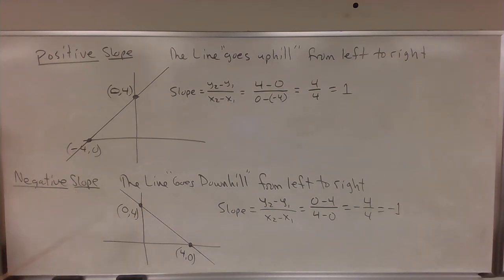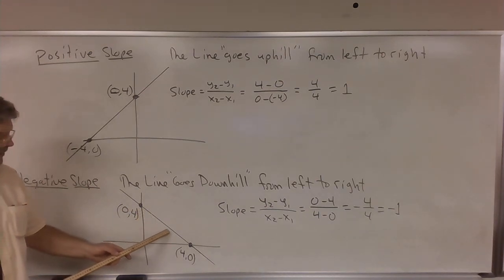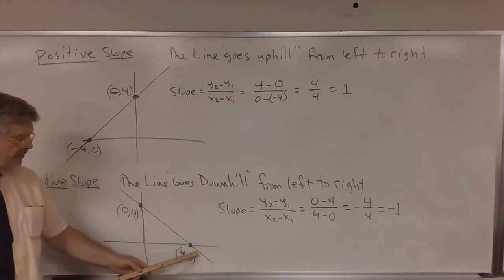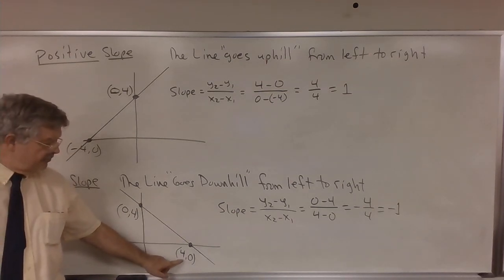Negative slope. A line has negative slope if the line goes downhill from left to right. And notice as we move along the graph from left to right, the graph does go downhill. And if we compute the slope, we should get something negative. So we'll let this be x2, y2.